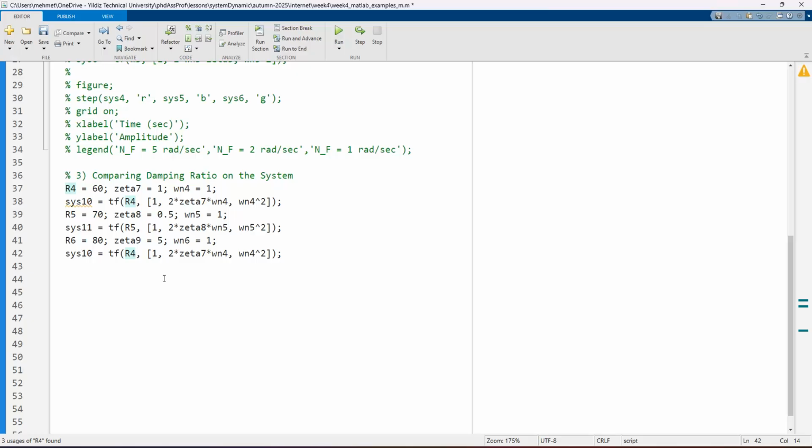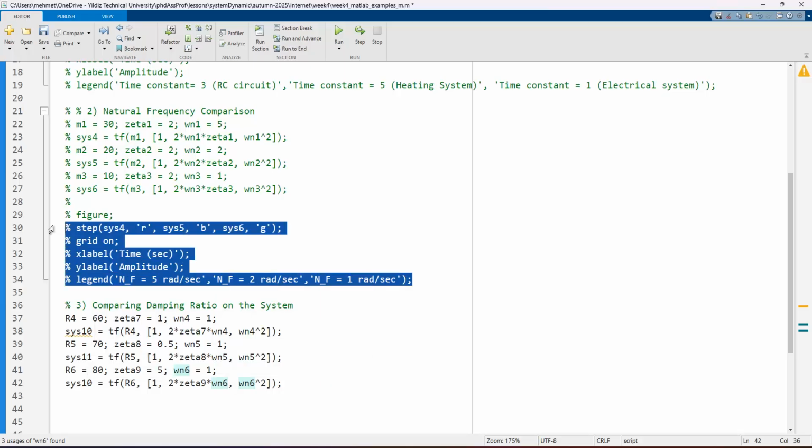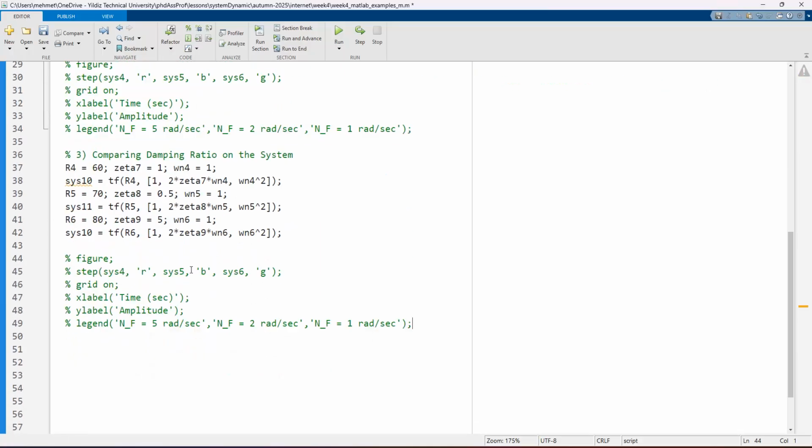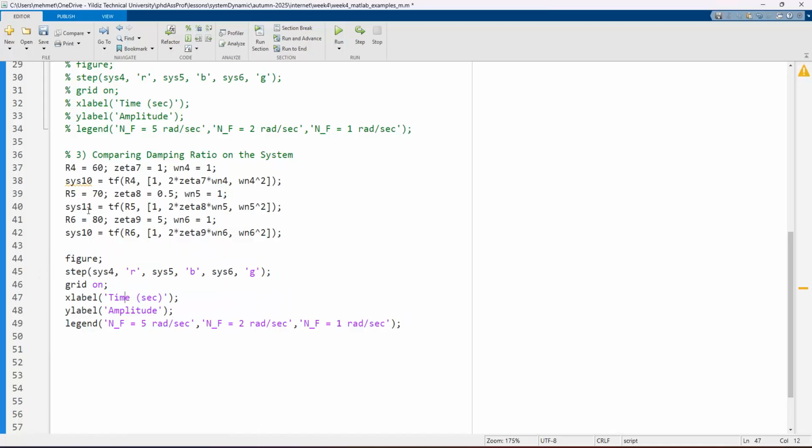Okay, and so r6, zeta 9, wn6 can be given in here. And also we need to copy these terms just like this one, and so sys11, 12.